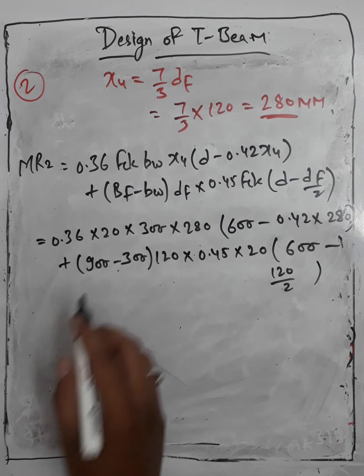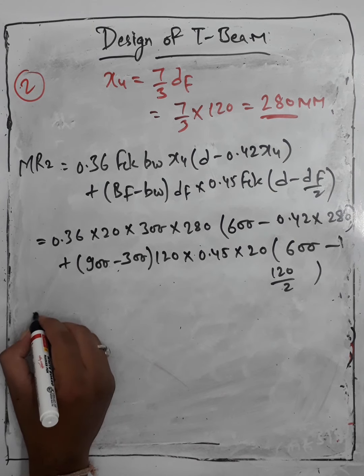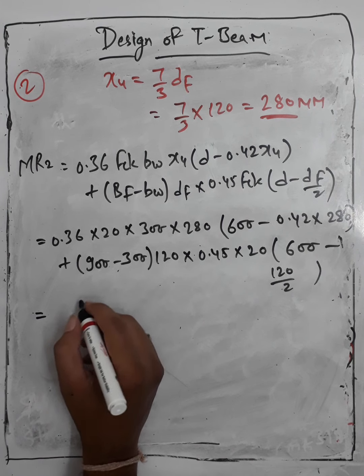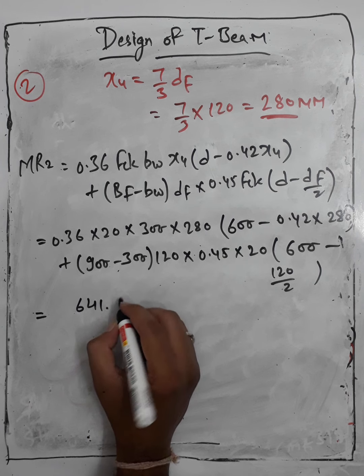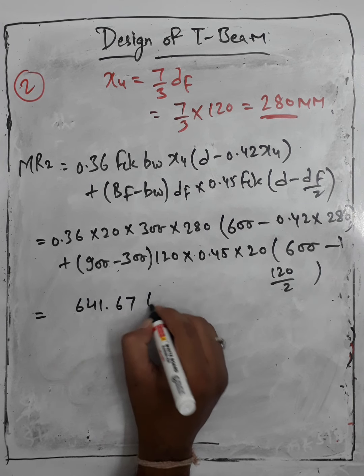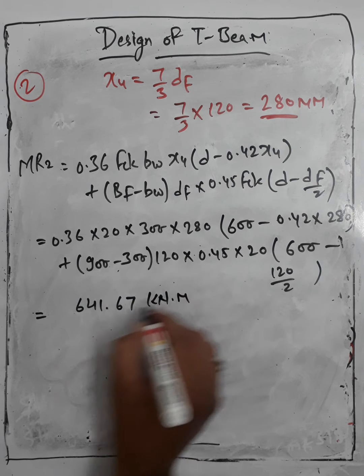Now solve this equation, and we get MR2 equal to 641.67 kilonewton meter.